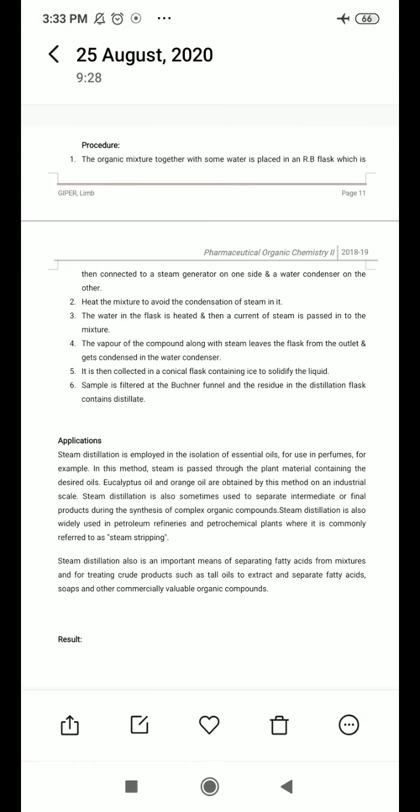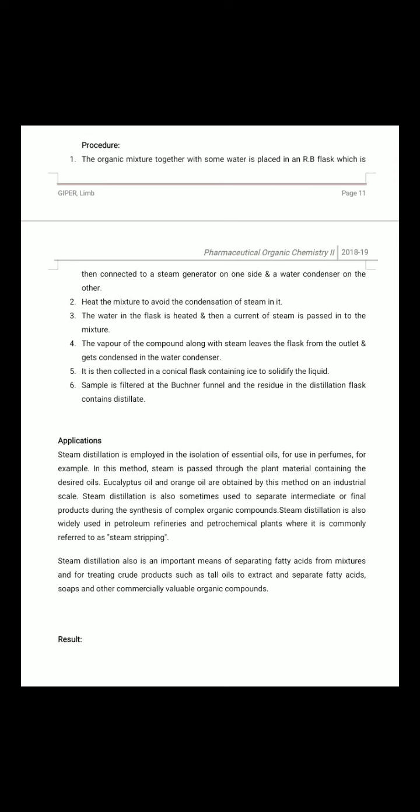For separation of different perfumes and essential oils, we can use steam distillation. Eucalyptus oil and orange oil are obtained by this method on an industrial scale, meaning on a large scale we separate them easily.